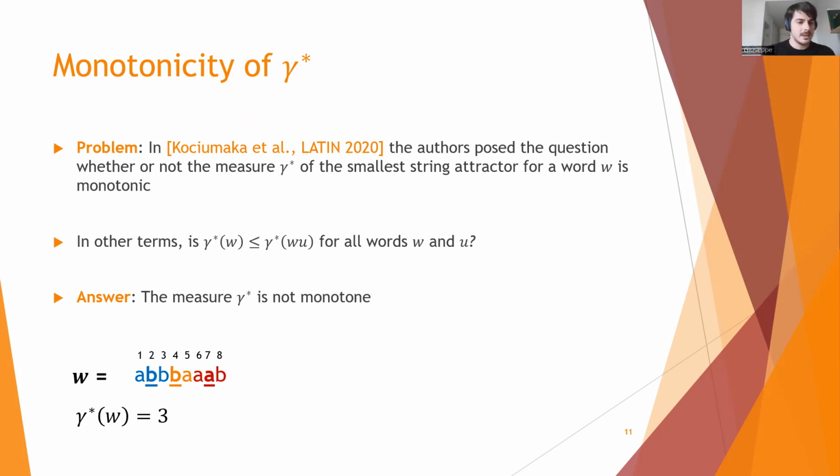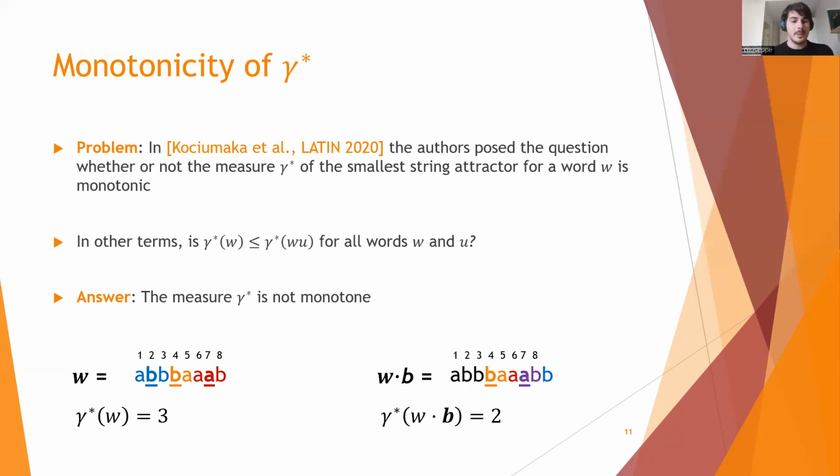If we consider this word W, we can see that it has a small string attractor of size 3. In fact, this is a suitable small string attractor, and you can notice that the factors in different colors have only one occurrence, which forces us to cover these factors with positions. So we have these 3 colors, so we need at least 3 positions.